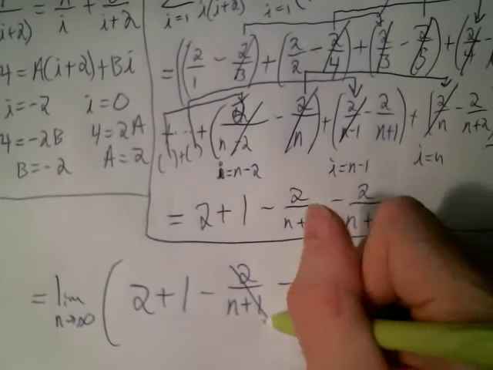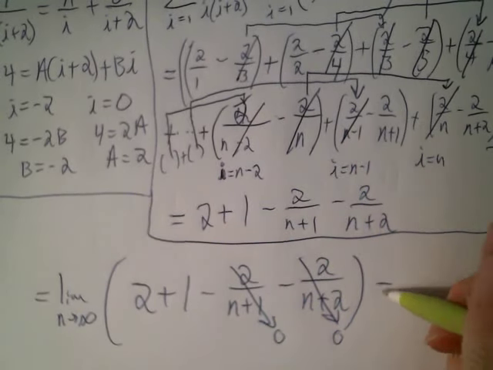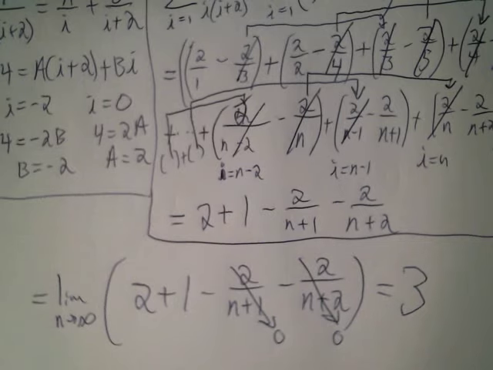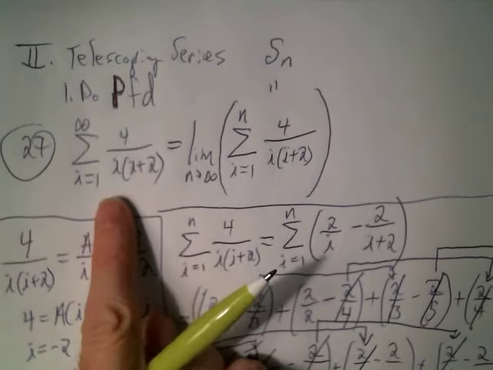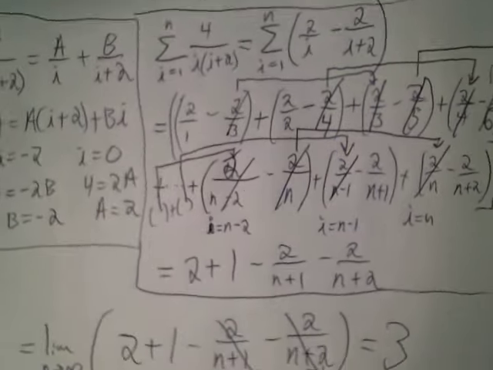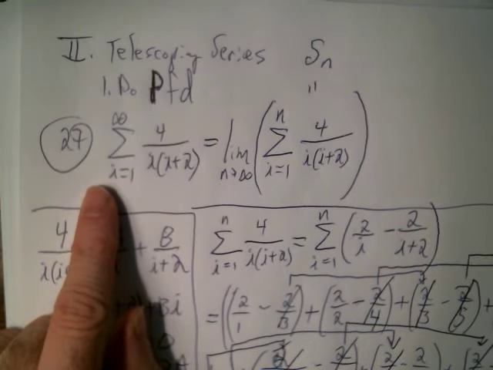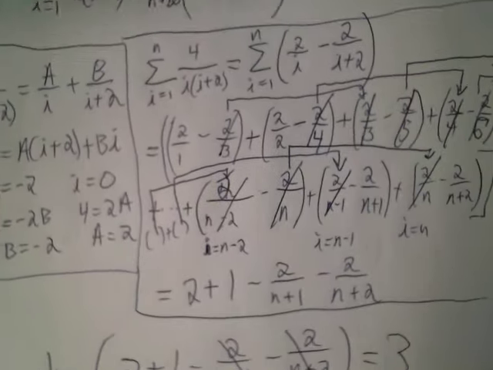Then this will go to 0, this will go to 0, and you're just left with 2 plus 1, which is 3. So in that case, we'll say this series converges. If you think of this as adding up a bunch of things together, you could think of it as equaling 3.